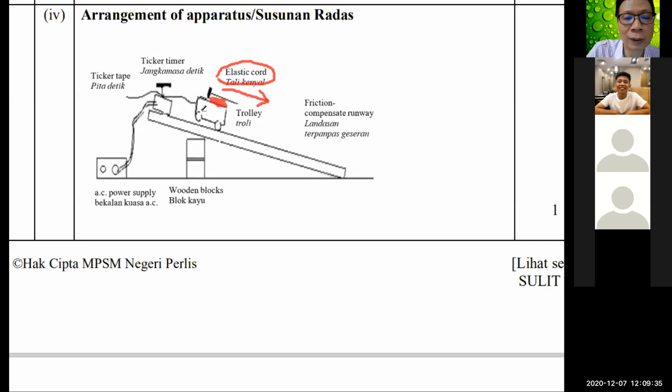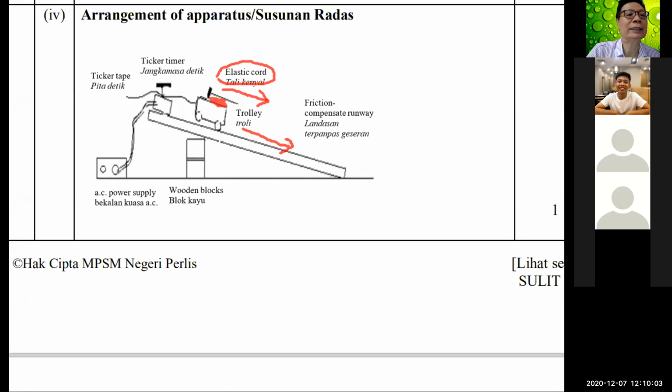Use a hand to hold the trolley, pull the elastic cord to a constant length, then let go. The trolley will go down. By using the elastic cord, the length you pull every time is the same, so you can ensure the force is constant. Understand or not?